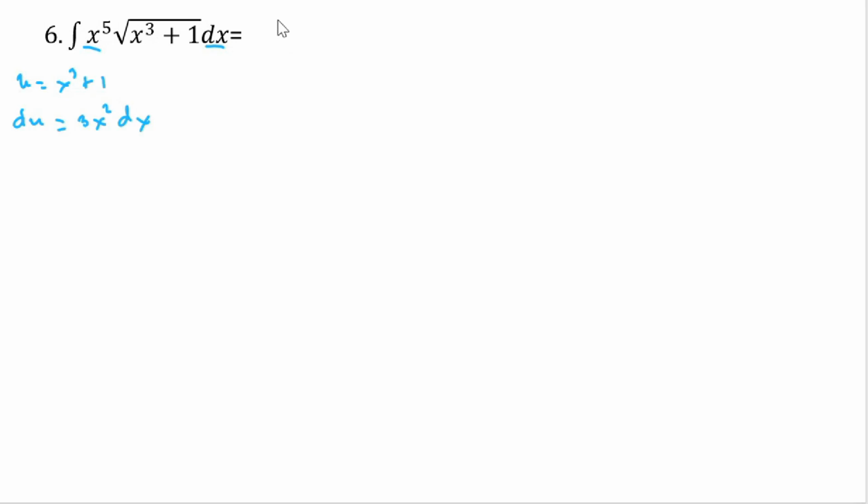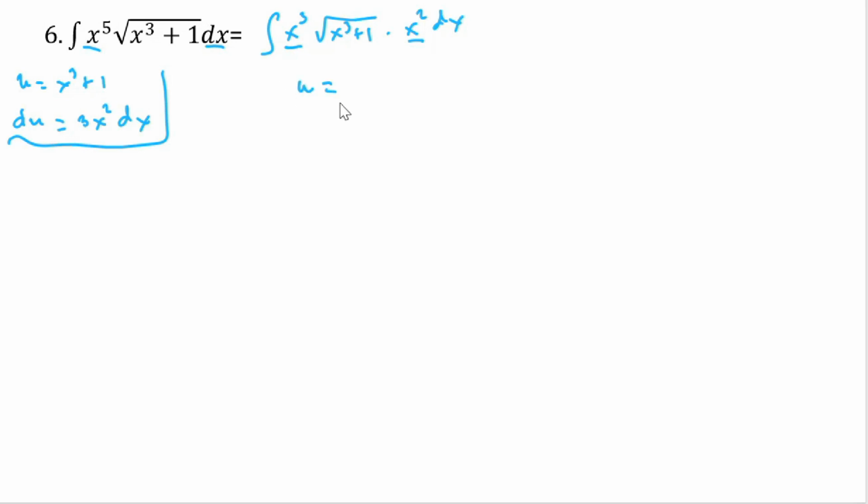So in that case, I'm going to rewrite the given as x cubed times the square root of x cubed plus 1 times x squared dx. Because x cubed and x squared, when you multiply them, give us the product of x raised to 5. Now, from this given, I can write my u and dv.